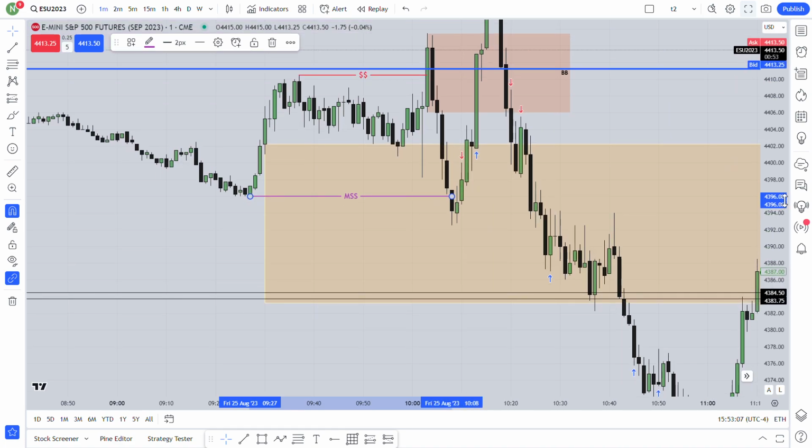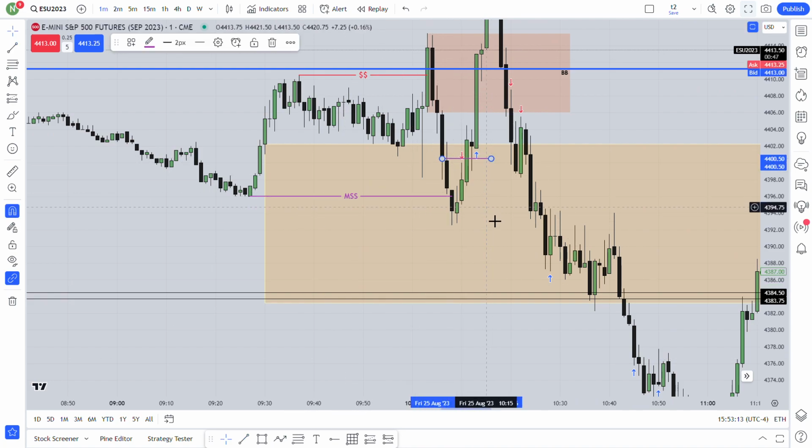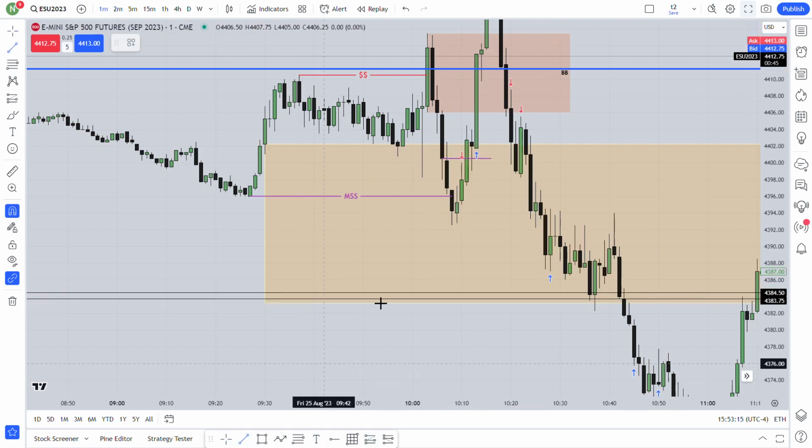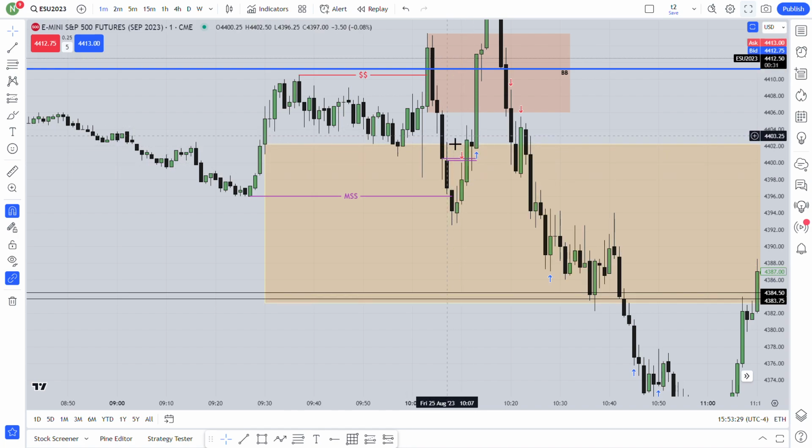Okay, I actually took the entry into this volume balance. I took the entry hoping that it will just trade here. It won't go over there. It will stay open.